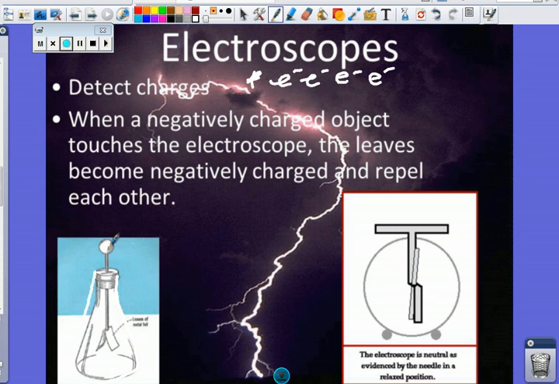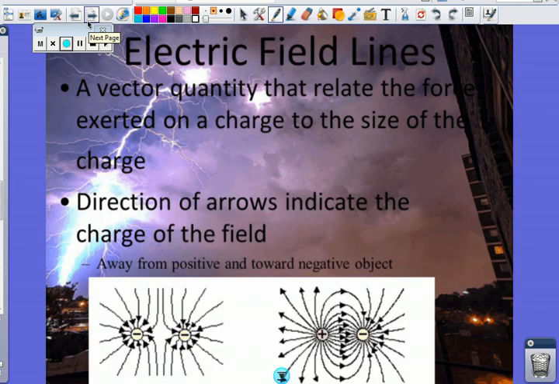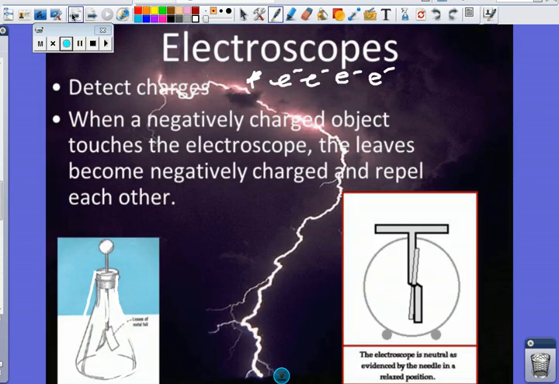There's a ball here, and then down you have two little metal strips. It's going to be neutral to begin with when no charged objects are around.